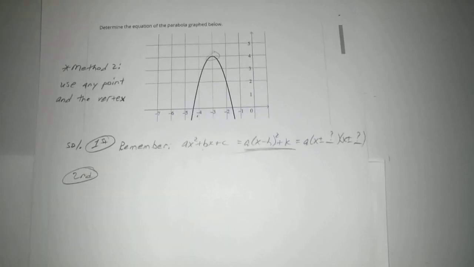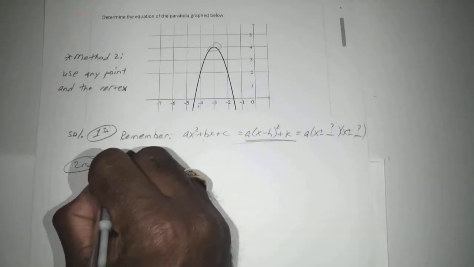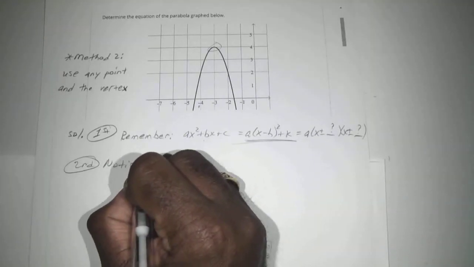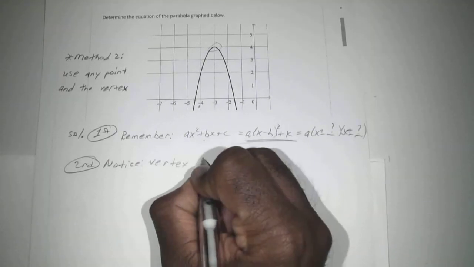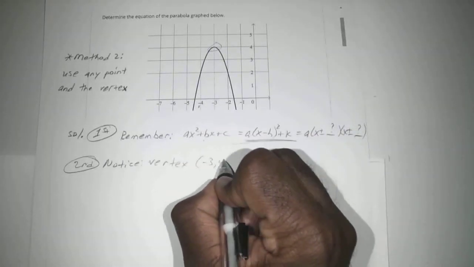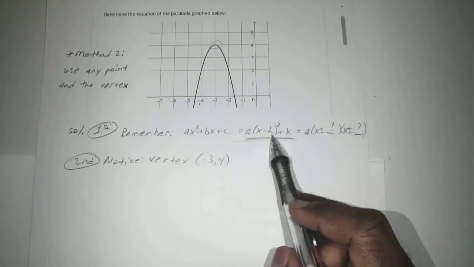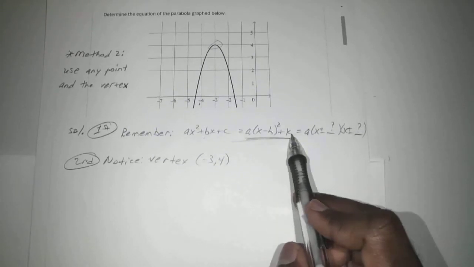So for our second step, we're going to notice that our vertex is the point (-3, 4). And we know that when it's in this form, our vertex is just (h, k).